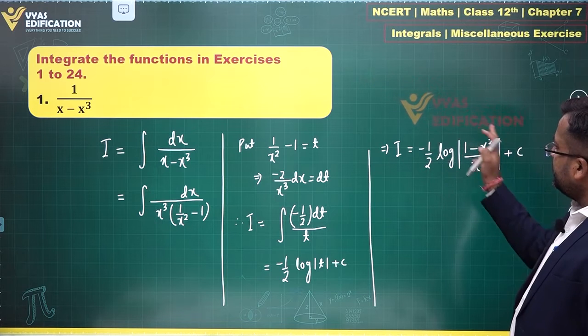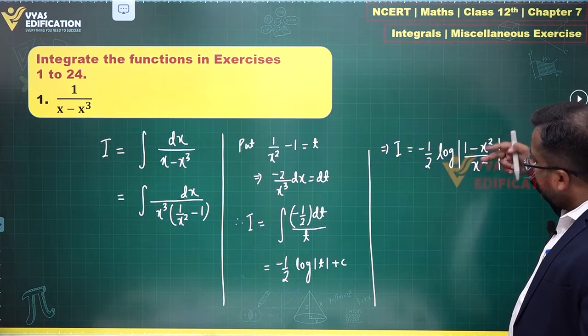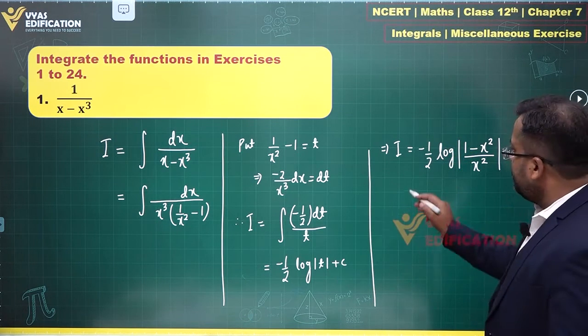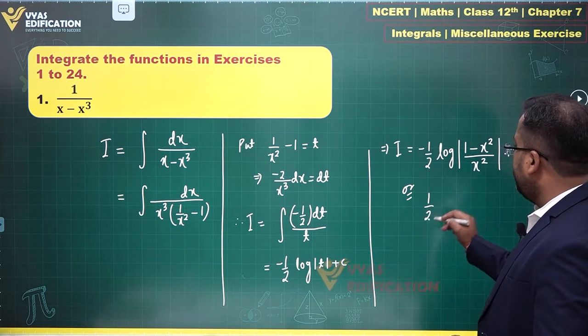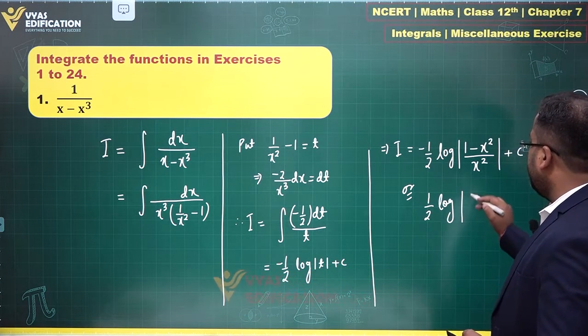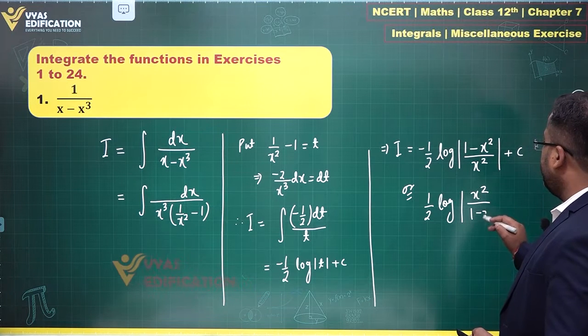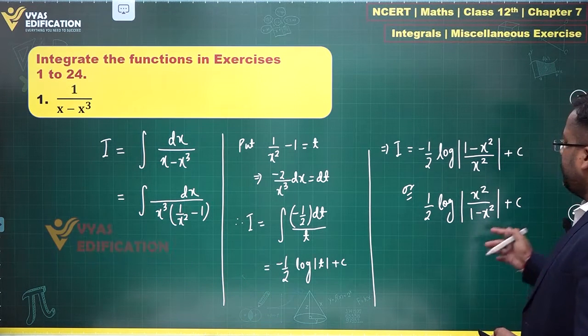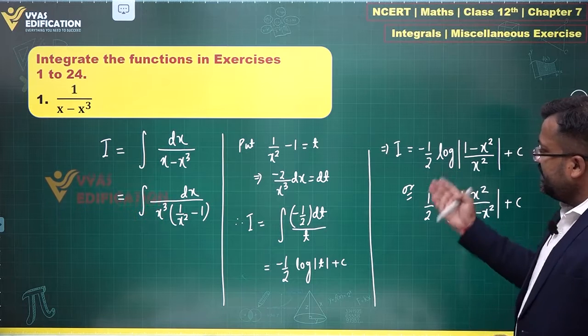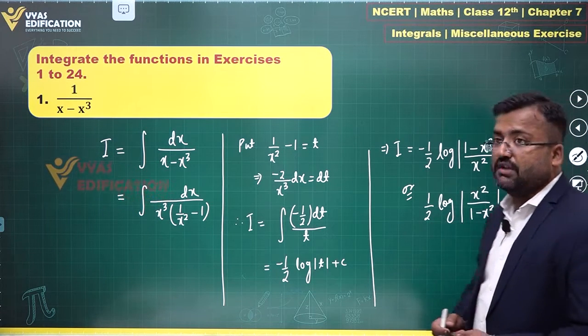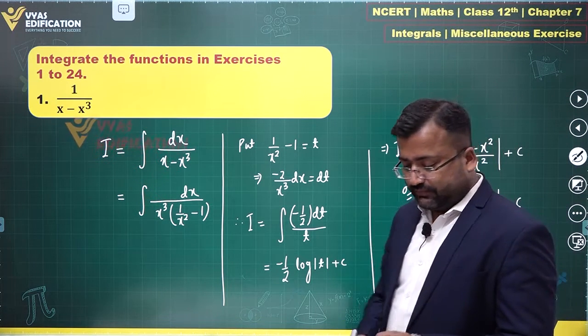At max you can take this minus in the power and you can take the reciprocal of this term, or half log of modulus x square upon 1 minus x square plus constant is what you'll get over here. This or this is the final answer for this particular question, as you can see over here.